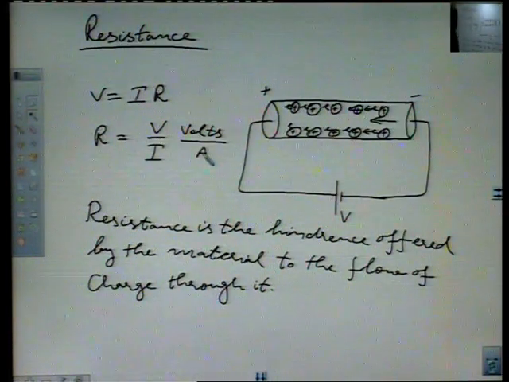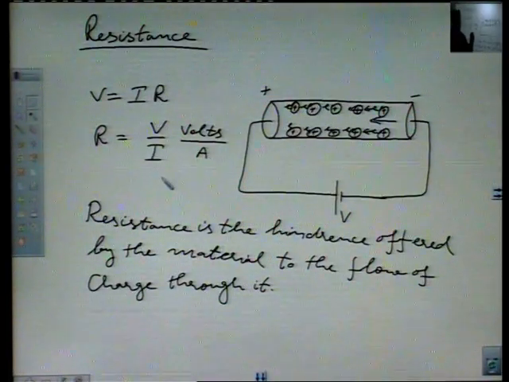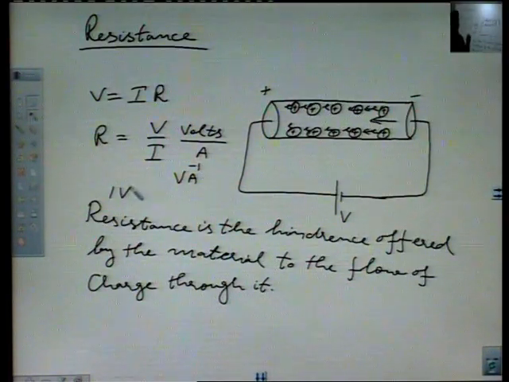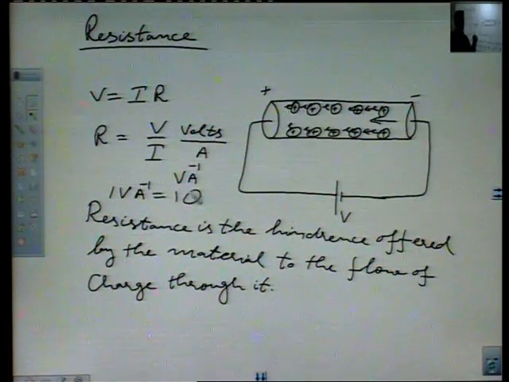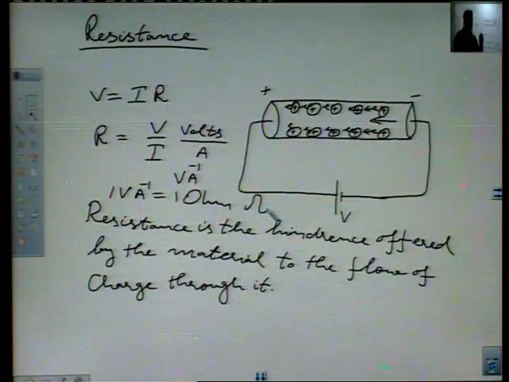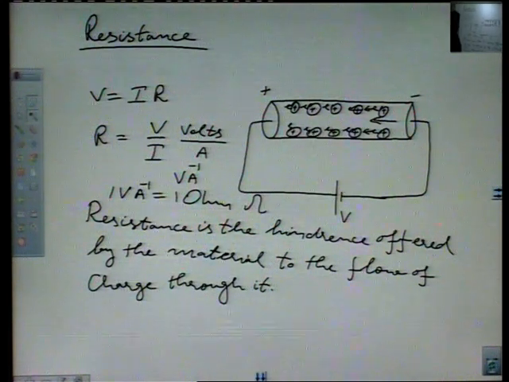So, units of resistance are volts per ampere, and 1 volt per ampere is called 1 ohm. The symbol used for ohm is the Greek letter capital omega.